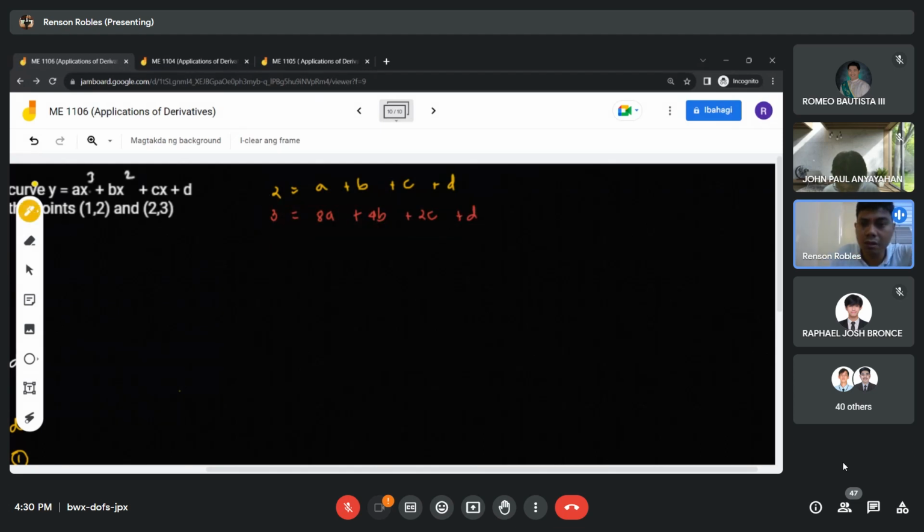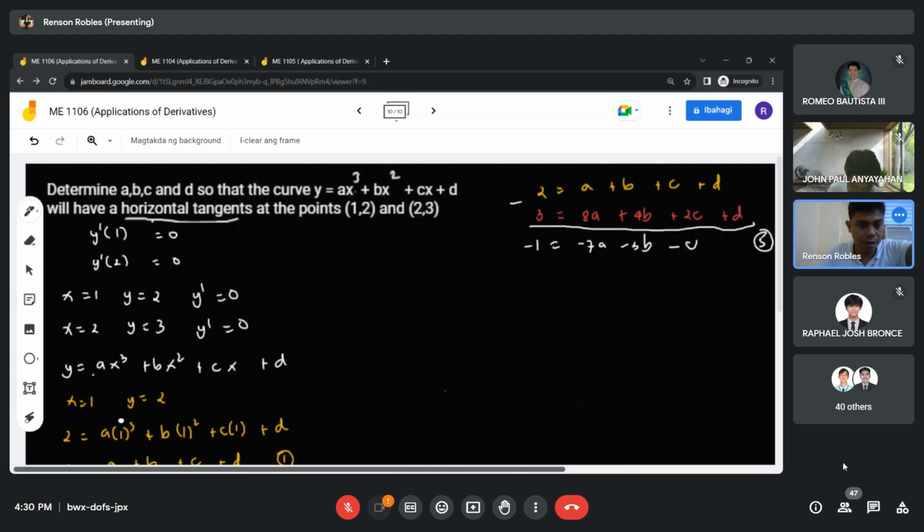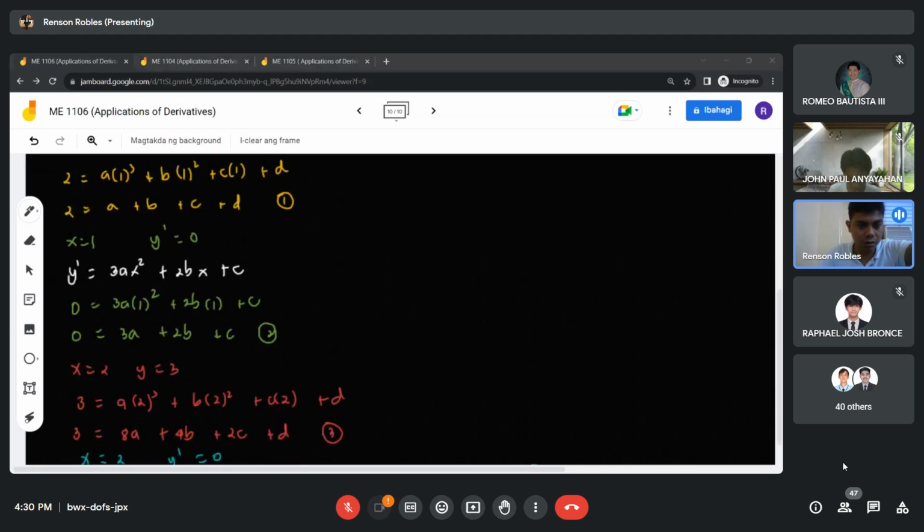And then, you can subtract because the sign of D is similar. So 2 minus 3, negative 1, A minus 8A, then B minus 4B, then C minus 2C, and then this will become 0. This will be marked equation 5. Okay? And then equation 5, and then I can use equation 2 because equation 2 also has C.